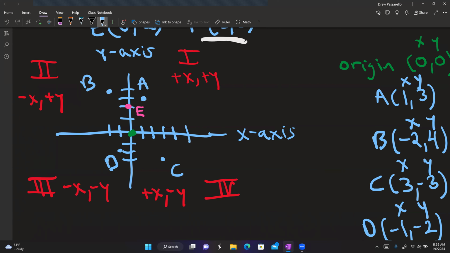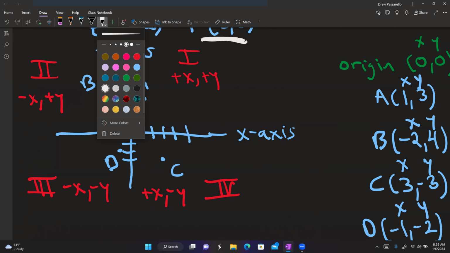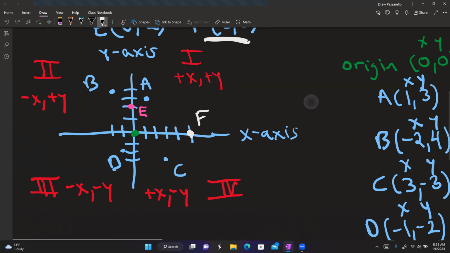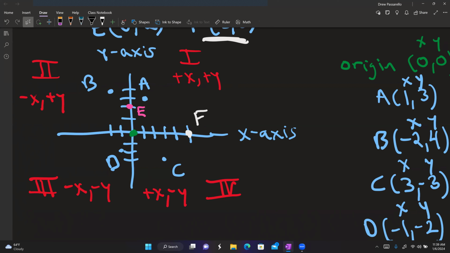And then I'm not going up or down. So you're just put at that spot at 5 on the x-axis. And that's called an x-intercept. And this was point F. All right, so this is the answers for plotting those points.